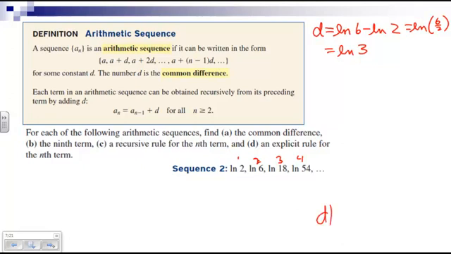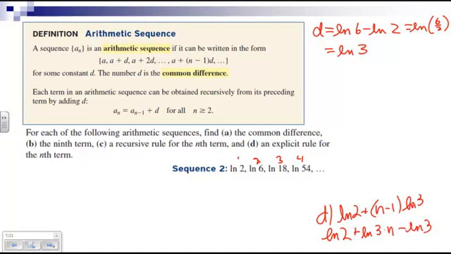The explicit rule again is the first term, natural log of 2, plus n minus 1 times D, the common difference, or natural log of 2 plus natural log of 3 times n minus the natural log of 3.